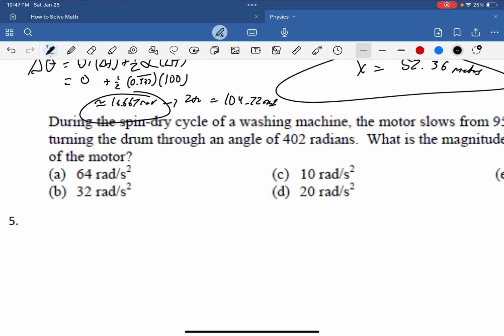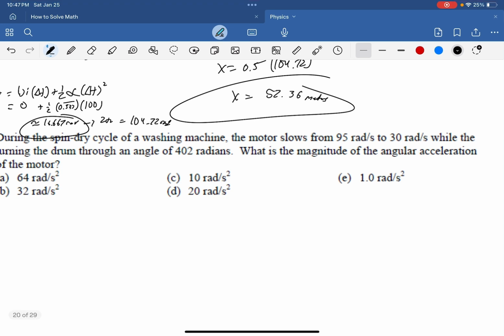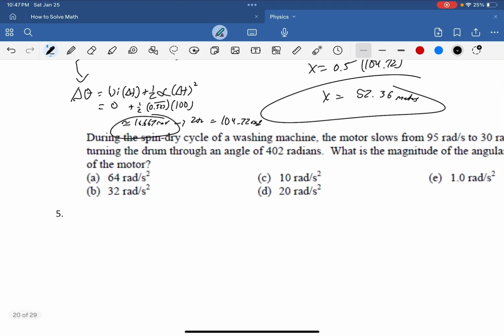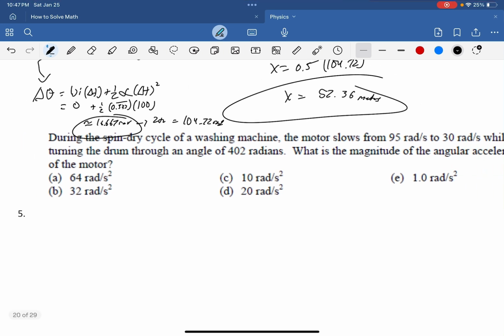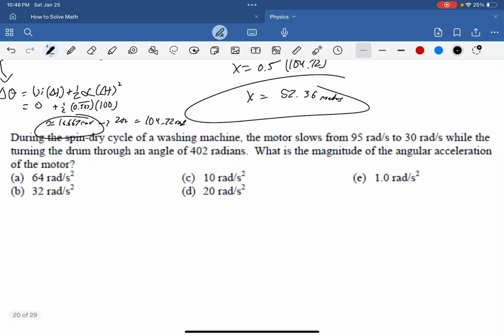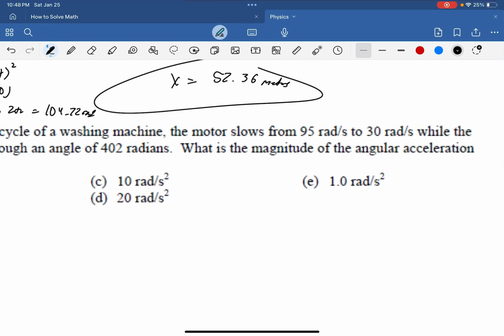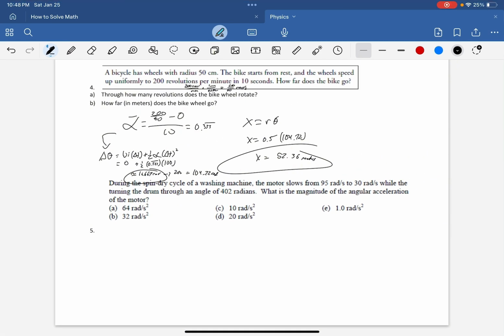During the spin-dry cycle of a washing machine, the motor slows from 95 radians per second to 30 radians per second, while turning the drum through an angle of 402 radians. What is the magnitude of the angular acceleration of the motor? So this is when we actually are supposed to use the angular acceleration equations, I think. I'm pretty sure.